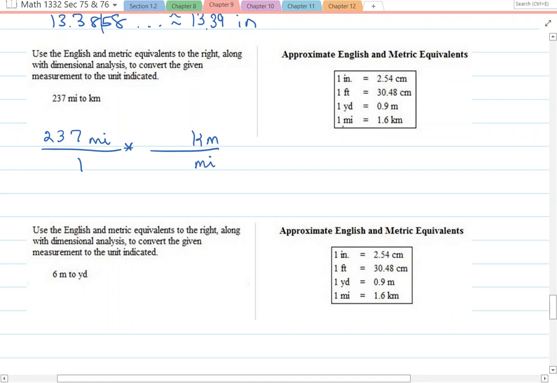We have 1 mile is equivalent to 1 and 6/10 kilometers. Now we're going to verify that we can cancel and change to the desired amount. You know we love these because there's ones in the denominator, so all we have to do is multiply 237 times 1 6/10, and we end up with kilometers.